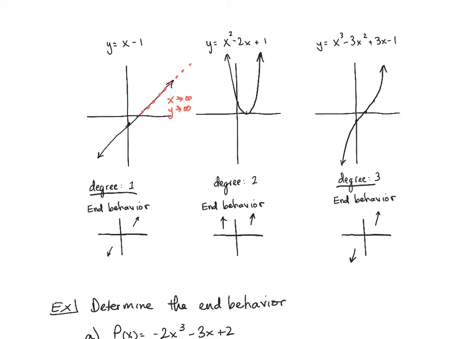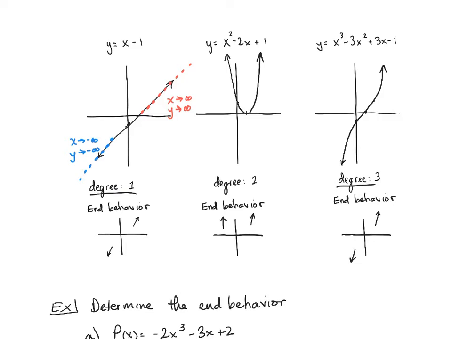So the end behavior on this side of the graph is x approaches infinity and y approaches infinity. If we consider points on the other side of the function, so these points here, we would say x is approaching negative infinity and y is approaching negative infinity. So that's how you would describe that end behavior.